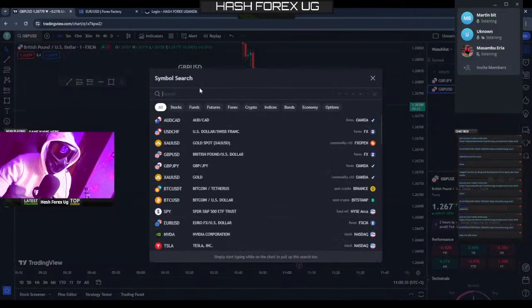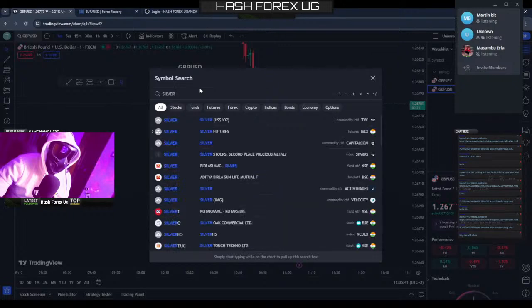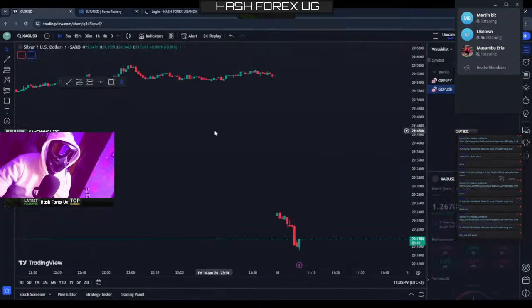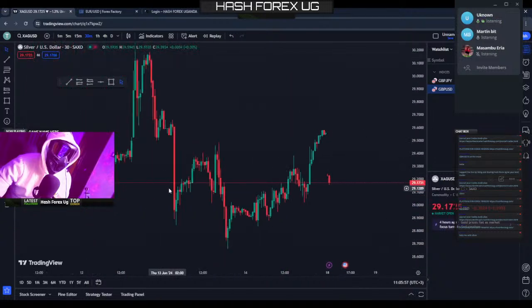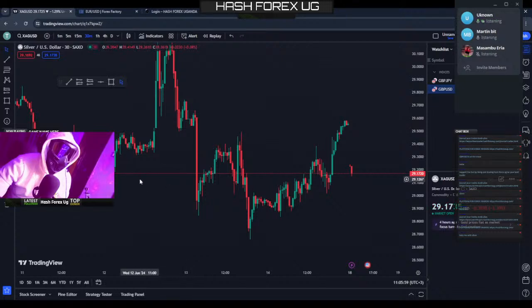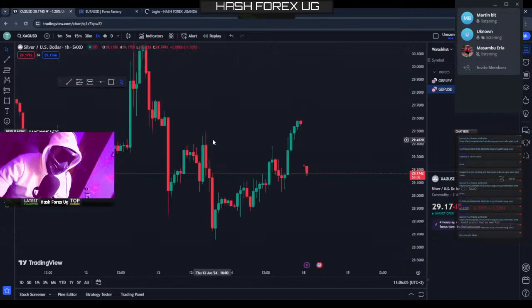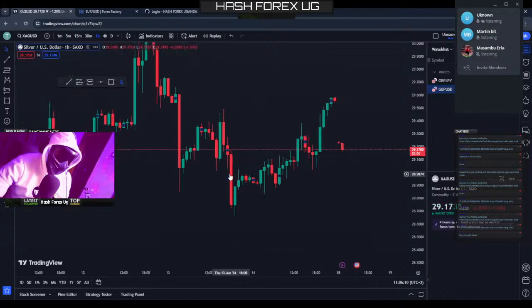What I've been looking at. Silver. It's having some gaps.